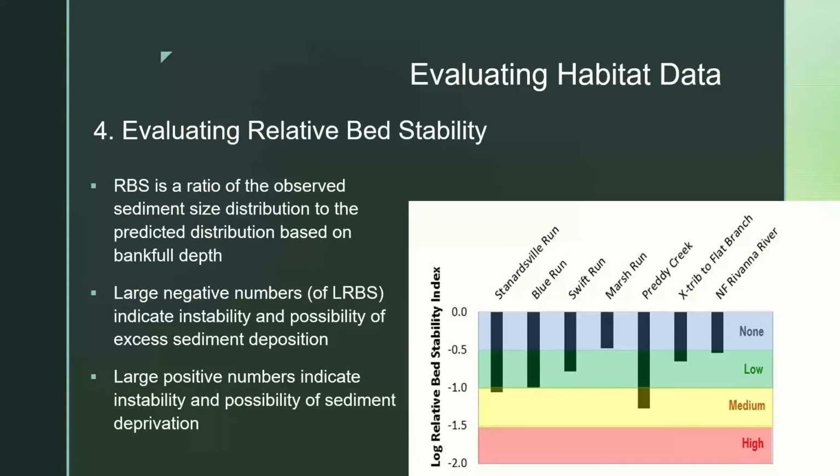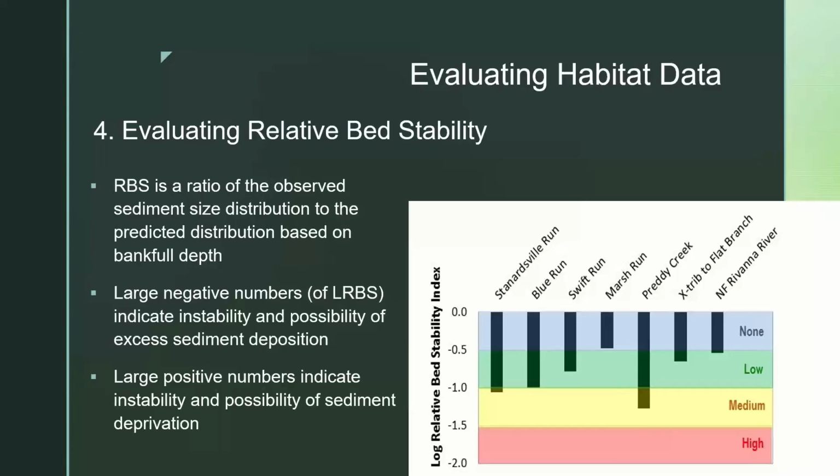And within that stream reach, the approach is looking for the ratio of the observed sediment size that we see in the stream to what would be predicted based on the bankfull depth and other channel dimensions. So it's basically a measure of how much sediment this stream should be carrying compared to how much it appears to be carrying.